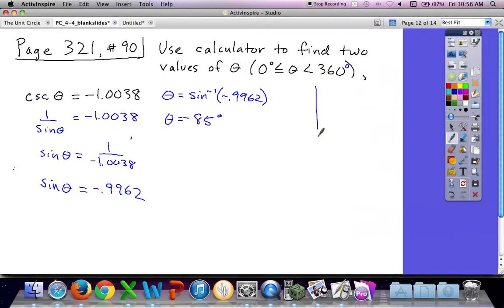So which quadrant is that in? If you go down in a clockwise direction, it would be negative 90 degrees to get to the negative y-axis, right? It's not quite that far. It'd be negative 85, should be about right there.